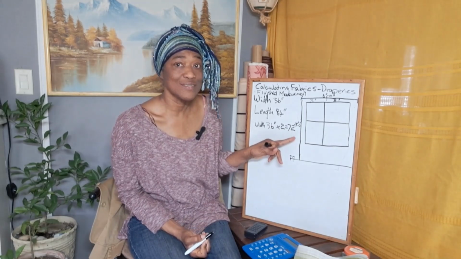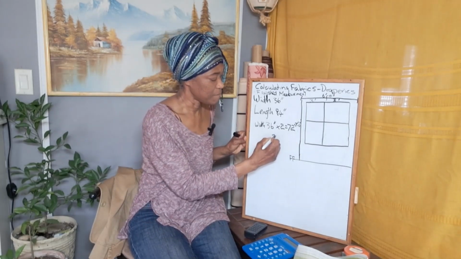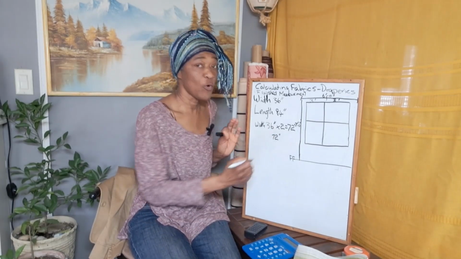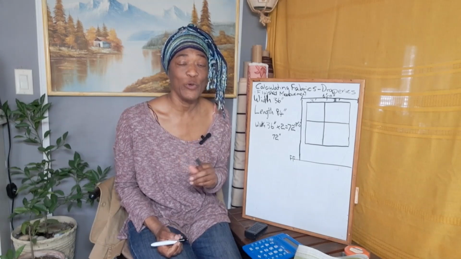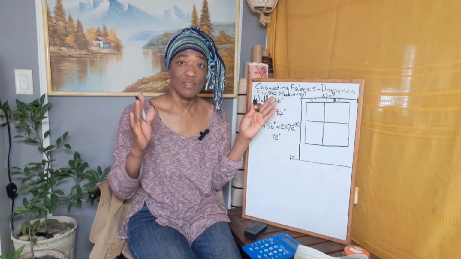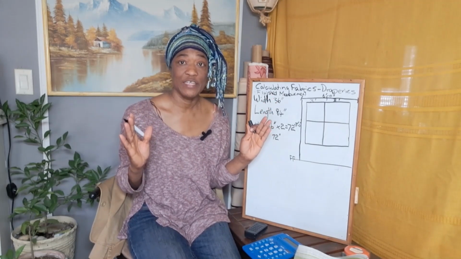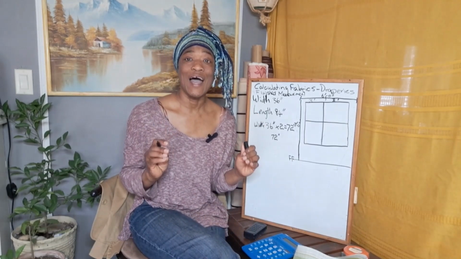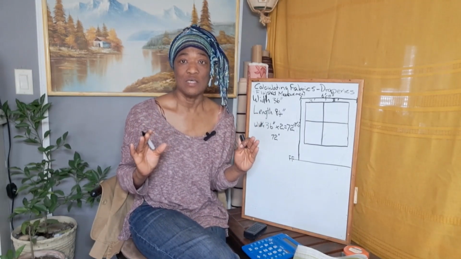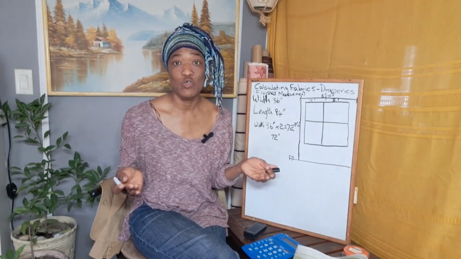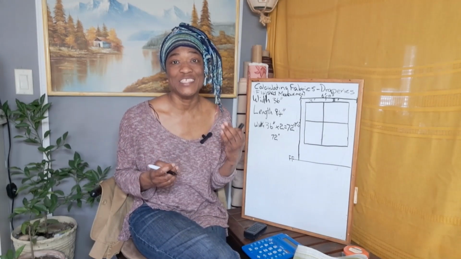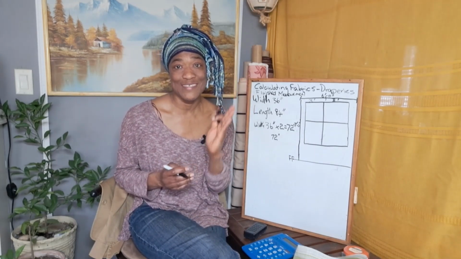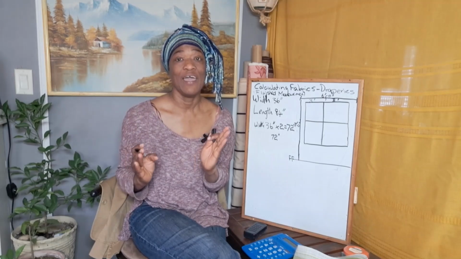However, we don't just stop here. For each curtain panel, we'll have side hems, right? We are looking at 1 curtain panel here, so we have 2 side hems. Now, generally, I suggest that you use a 2-inch double hem for your sides, okay?